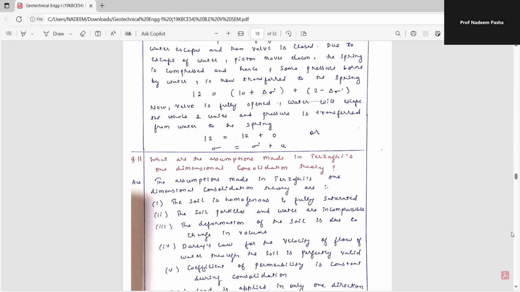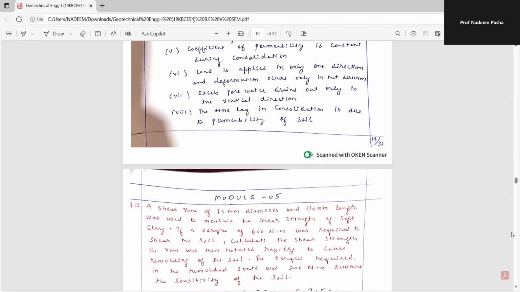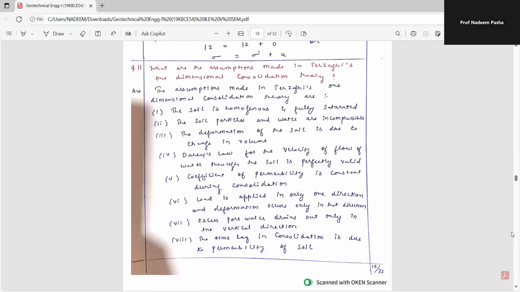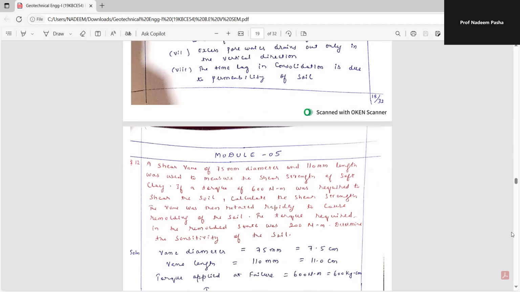Darcy's law for the velocity of flow of water through the soil is perfectly valid. Coefficient of permeability is constant during consolidation. Load is applied in only one direction and deformation occurs only in that direction. Excess pore water drains out only in the vertical direction. The time lag in consolidation is due to permeability of soil. These are the assumptions made in the theory.